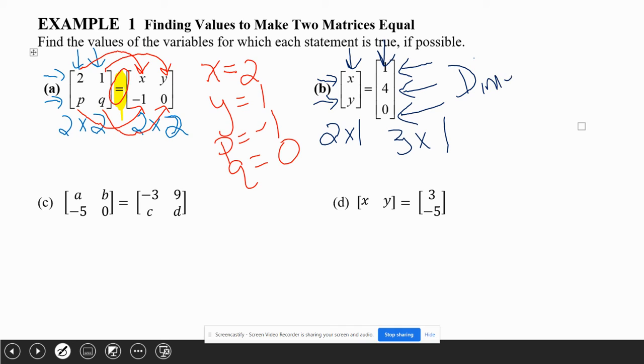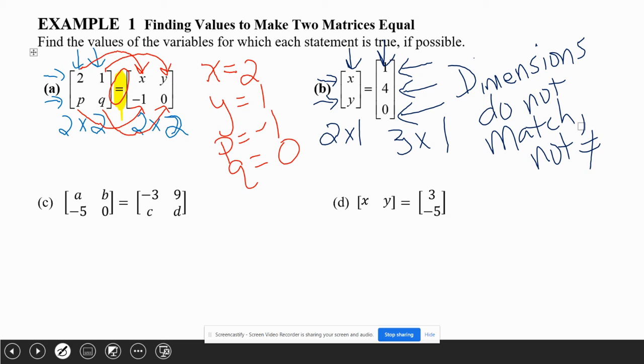So the dimensions did not match, so they cannot equal each other. I can't find out what X or Y is because they're not exactly the same. And so for that, you'd write dimensions don't match, or you can just say not possible.